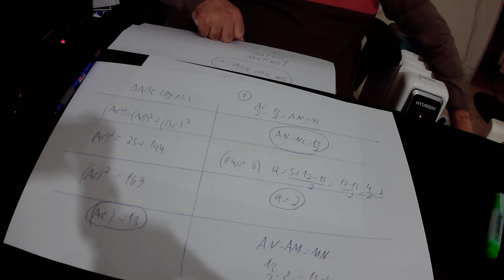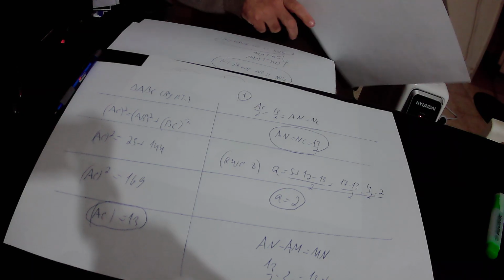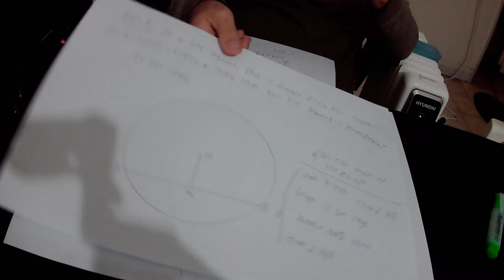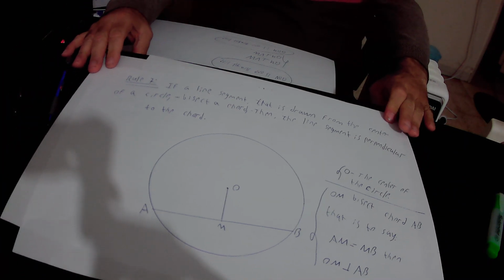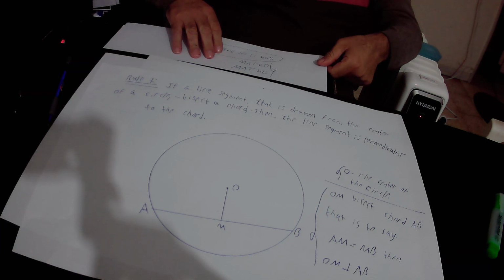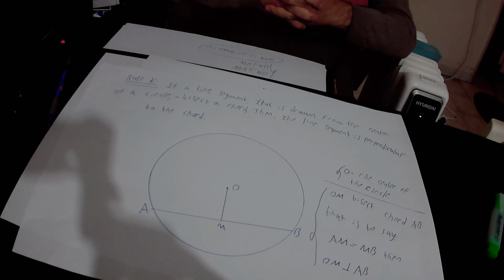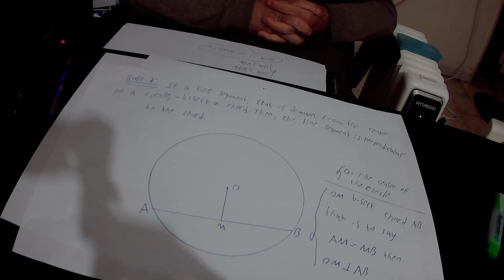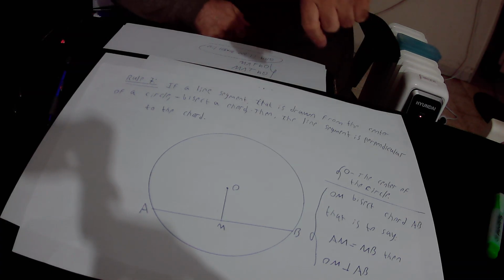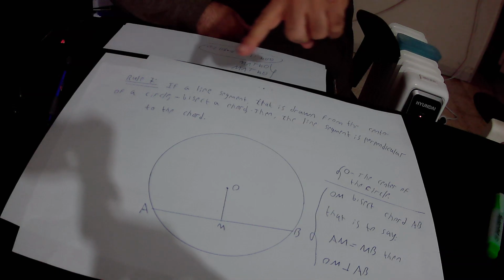Then I presented to you rule number 8 and implemented it in our drawing. According to this rule, if a line segment drawn from the center of a circle bisects a chord, then the line segment is perpendicular to the chord. Point O is the center of this circle. We have chord AB inside the circle.